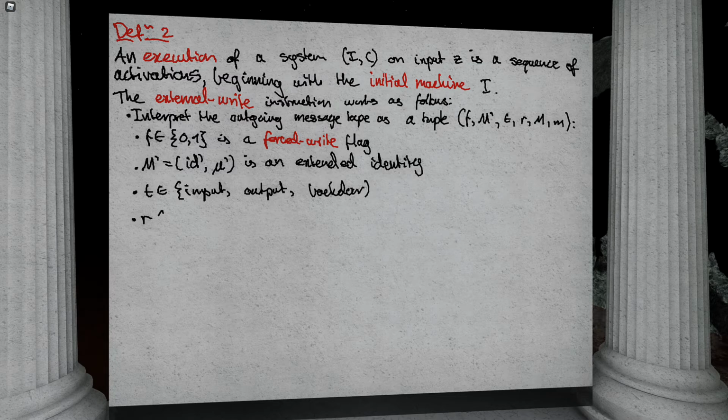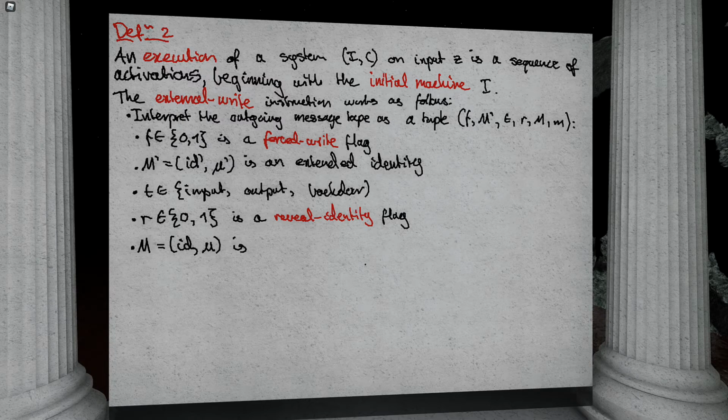R is a flag that says whether we're going to write our identity onto the tape. So for example, the environment doesn't always reveal its identity when it talks to the protocol. And in particular, machines that belong to the protocol have to reveal their identity. So this is another thing that the control function will examine. Okay.